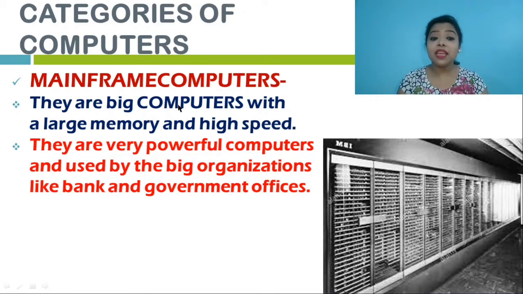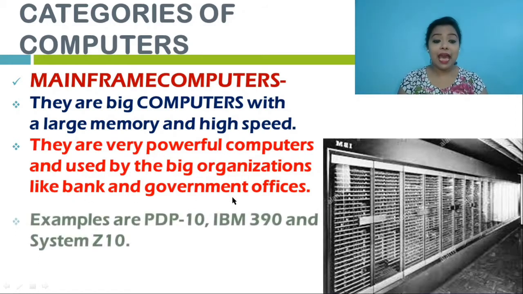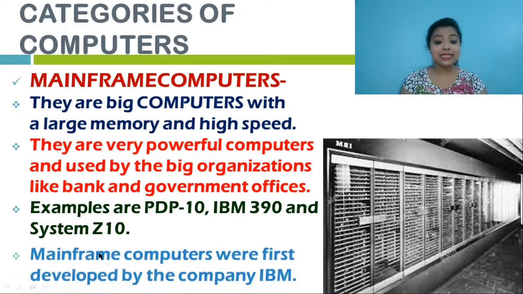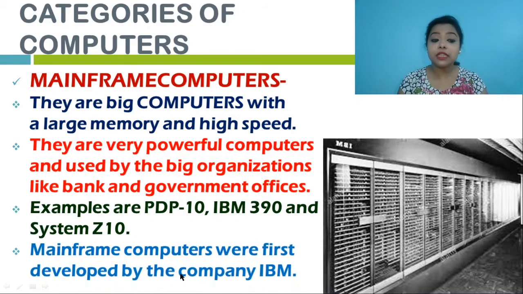So this mainframe computer is basically used in the big organization like banks and government offices. And examples of this are PDP-10, IBM 390 and System Z10. Okay, so one more information you should know, that is mainframe computers were first developed by the company IBM. So IBM was the first company to develop the mainframe computer.